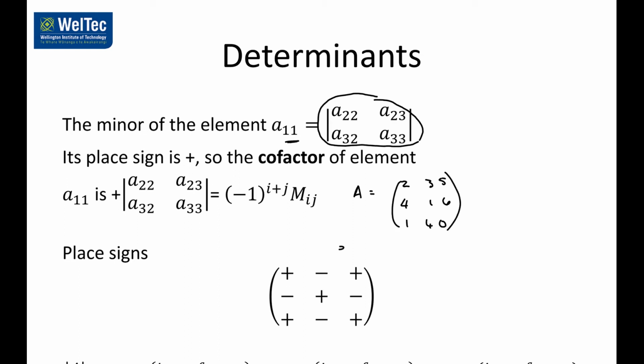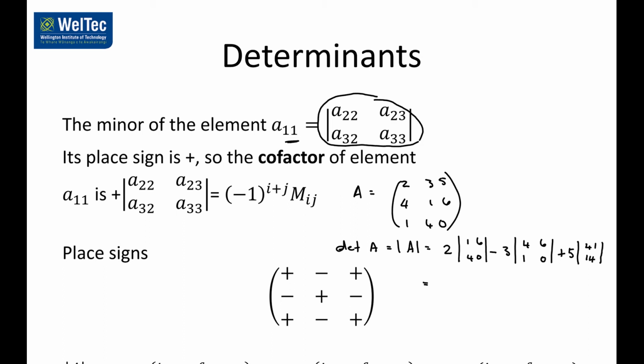Now the determinant is going to be 2 times the determinant of 1, 6, 4, 0, minus 3 times the determinant of 4, 6, 1, 0, plus 5 times the determinant of 4, 1, 1, 4. Sorry, I'm just trying really hard to squeeze it in there at the edge.